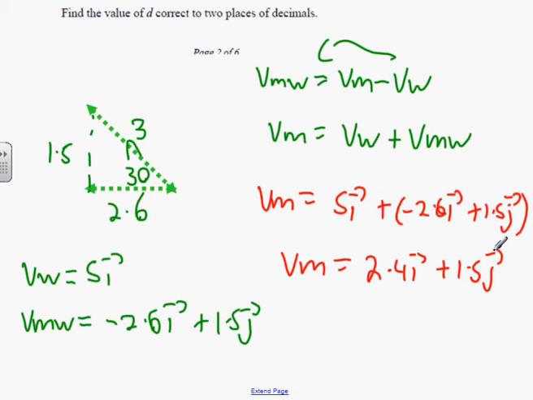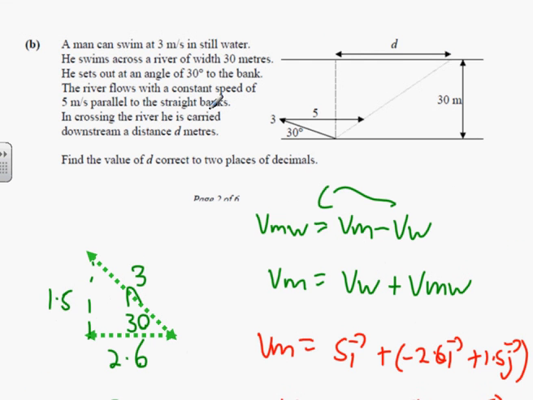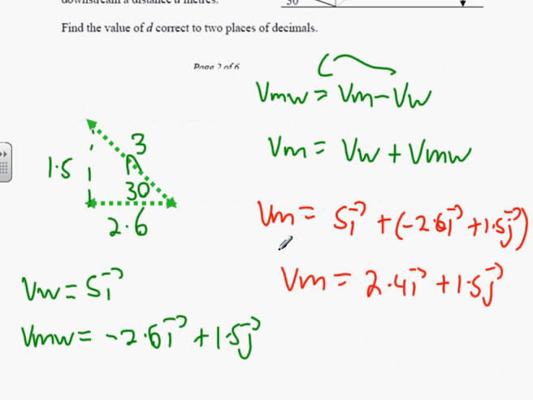Now, what does it want us to find then? He's carried down the bank at distance d, and crossing the river, find d corrected to 2 decimal places. Well, this is really easy now, okay? Because you've got your speed, and your speed is going in the direction, your speed here, which is this part here, what direction is that going in?